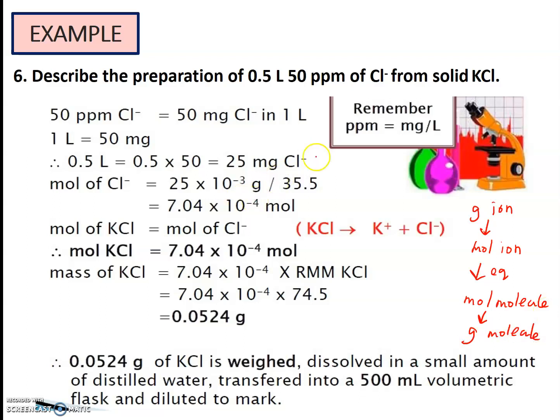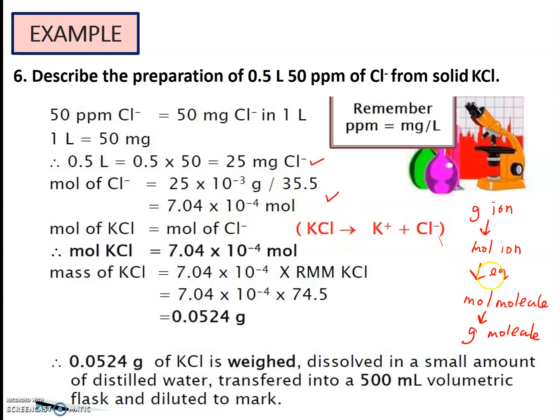So first gram of ion here, then find the number of mole of ion, which is mole of chlorine. So 25 exponent -3 gram divided by atomic weight, and then get the mole of chlorine.